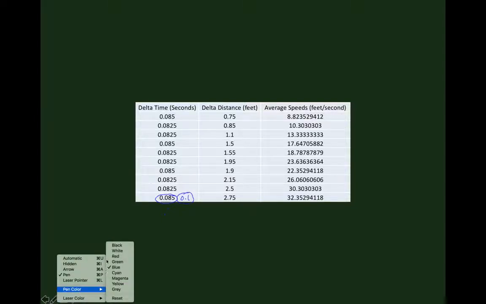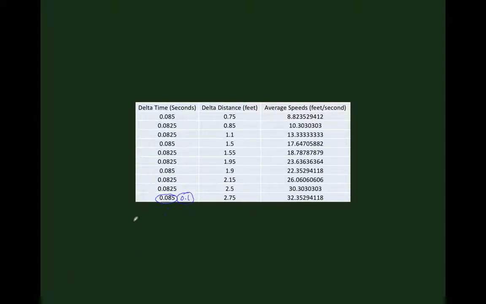And there's a distinction there, and that's something that Newton was really obsessed with. So what we're looking for is what we call the instantaneous velocity.